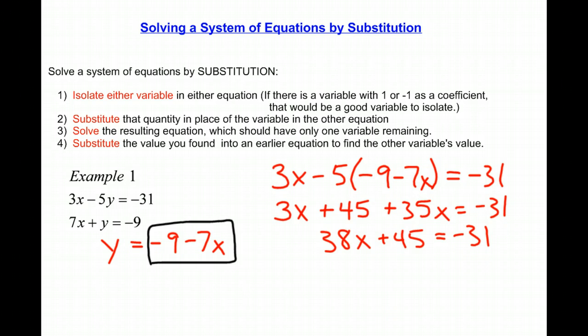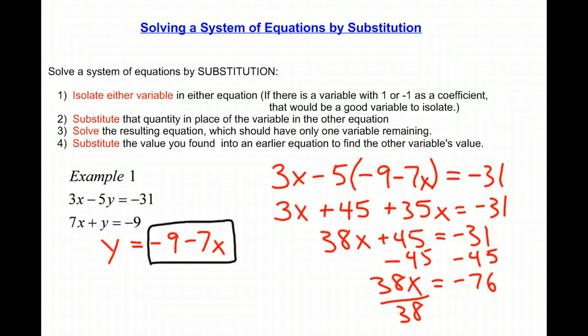Now I'm going to get the 45 over to the other side. 38x equals, and then I have here a negative 76. And now I'm going to divide by 38 on both sides. And even though it looks kind of scary, your calculator will quickly confirm for you that x equals negative 2.